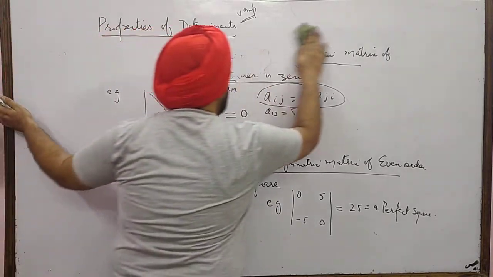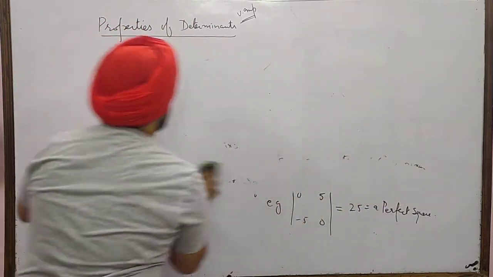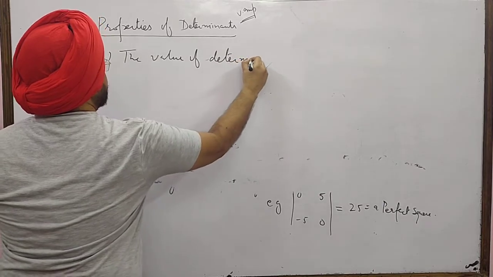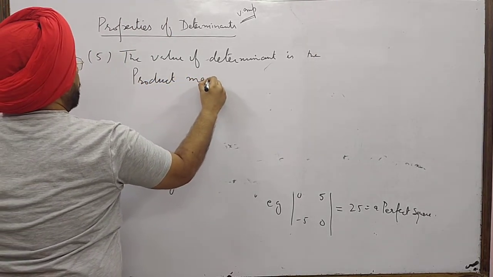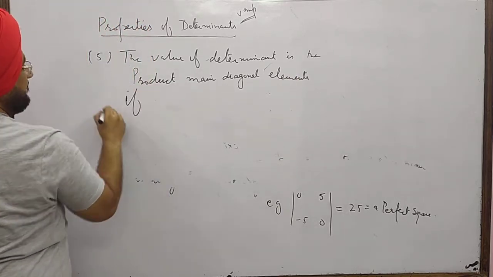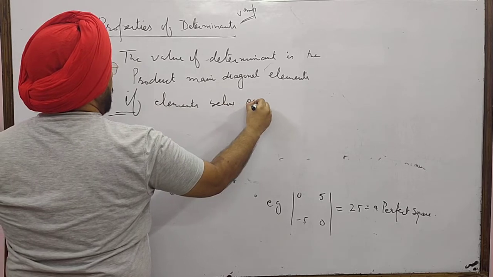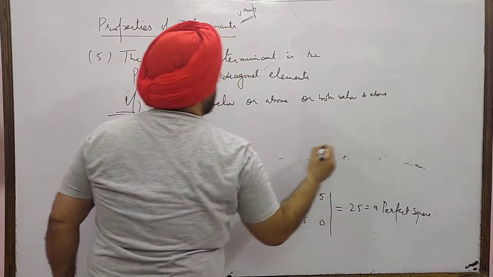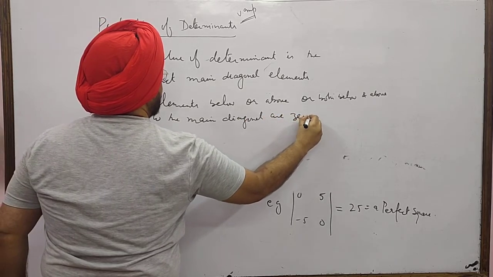Next we have fifth property. Fifth property is the value of determinant is the product of main diagonal elements if, this is the condition, elements below or above or both below and above to the main diagonal are 0.